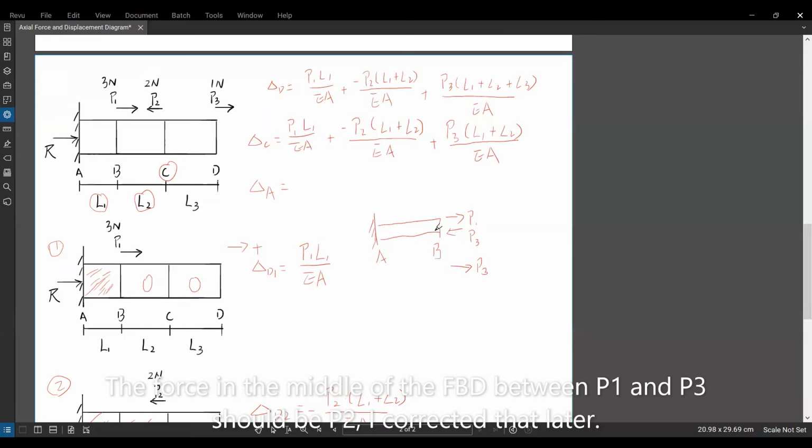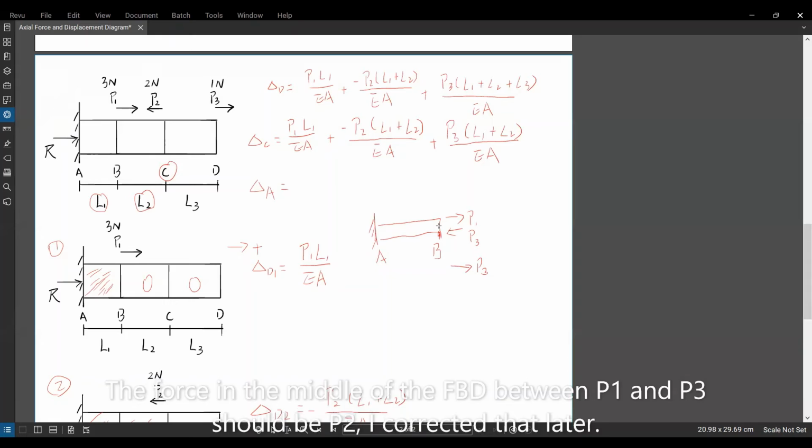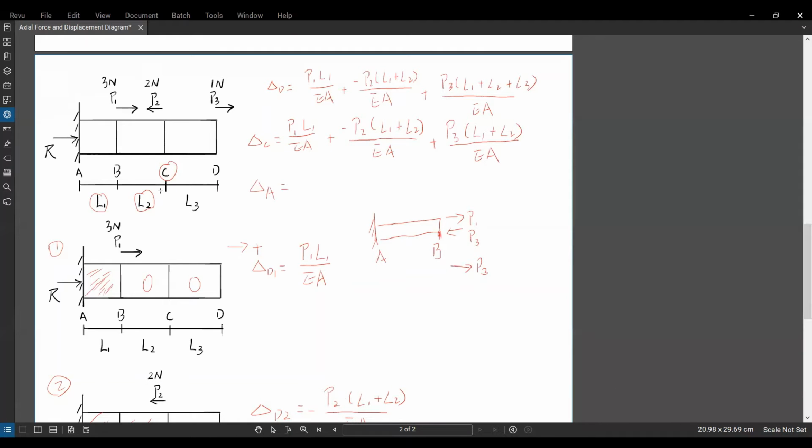If we are only interested in the deformation at point B, then the member length BD doesn't really come into the equation. So the result will be P1 minus P2, plus P3, times L1 over EA.